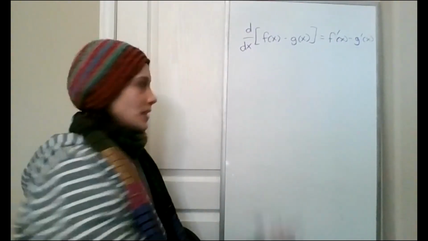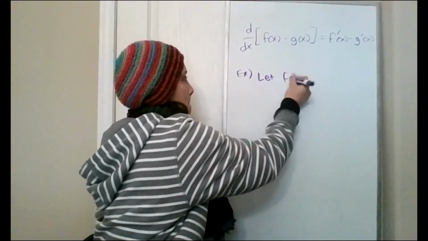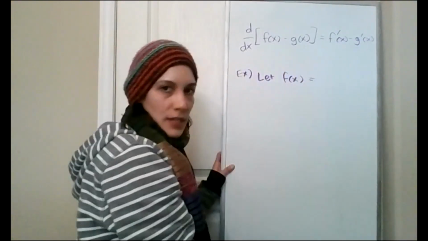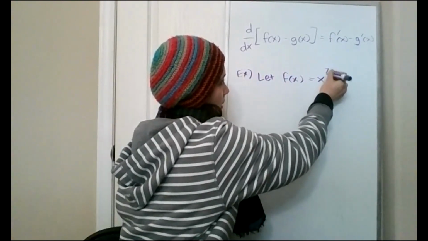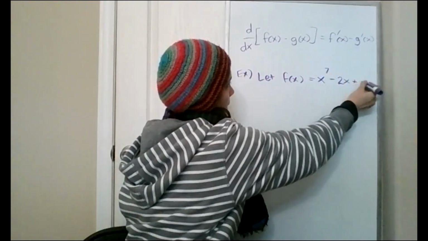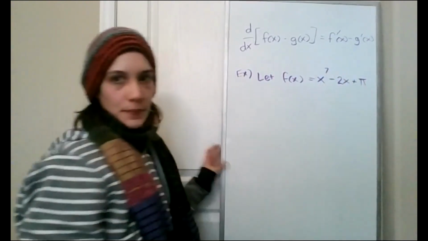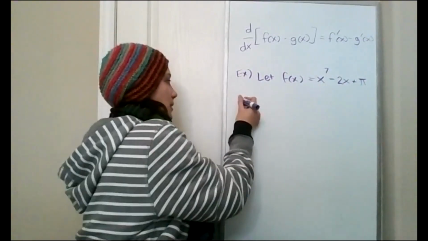Let's let f of x equal x to the 7th, why not, minus 2x plus pi. Okay, and then f prime of x.